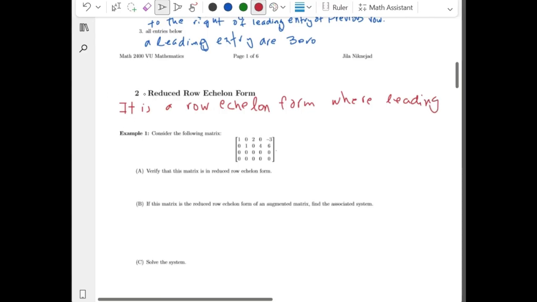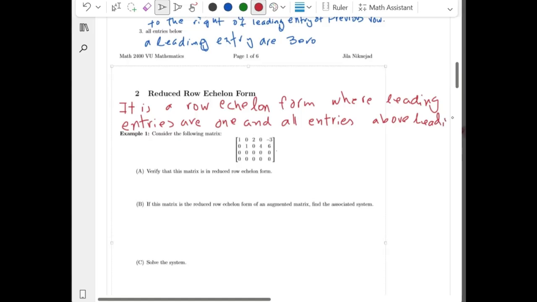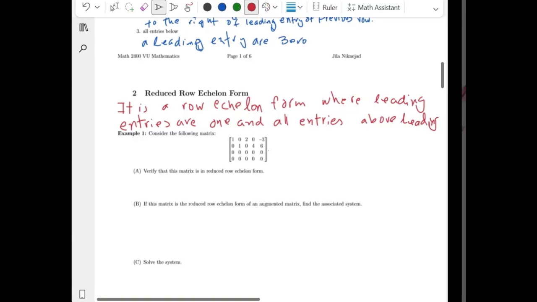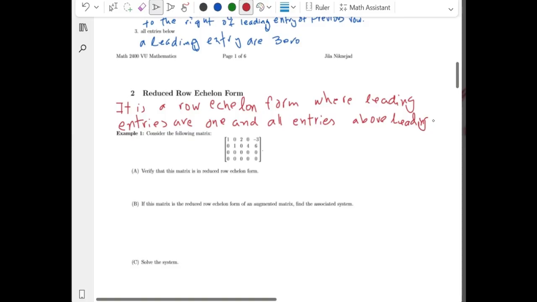I like to even choose 1 in the row echelon form, but in the definition, the reduced row echelon form has leading entry 1, and all entries above it are 0. We call the leading entries in reduced row echelon form leading 1s.